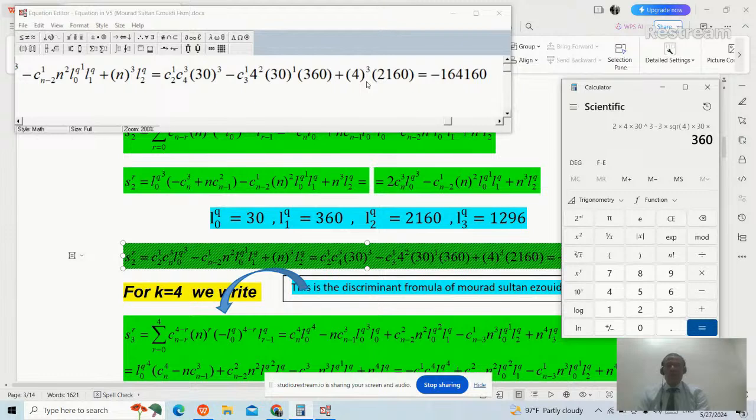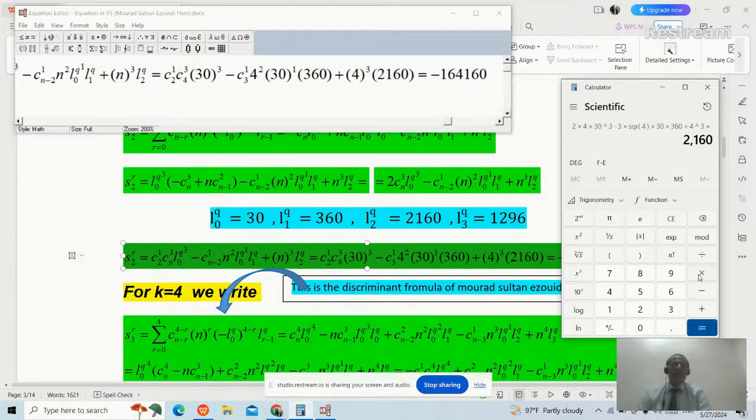Here, learners, there is a combination 0 choose n minus 3, which is 1, so no need to write this one. I'll just write plus 4 raised to the power 3, times 2160.